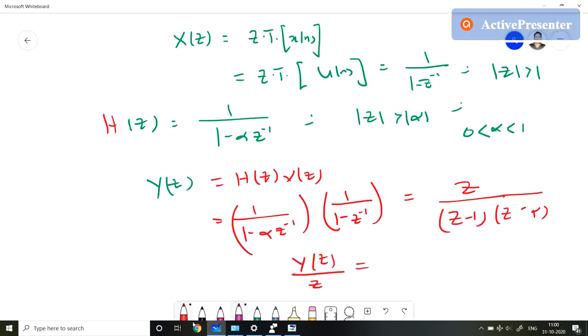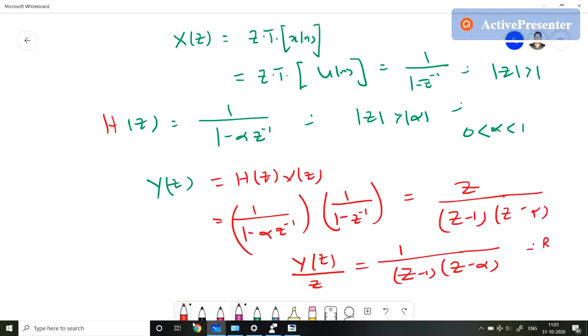So Y(z) divided by z is z divided by (z minus 1)(z minus alpha). So this is our Y(z) divided by z.